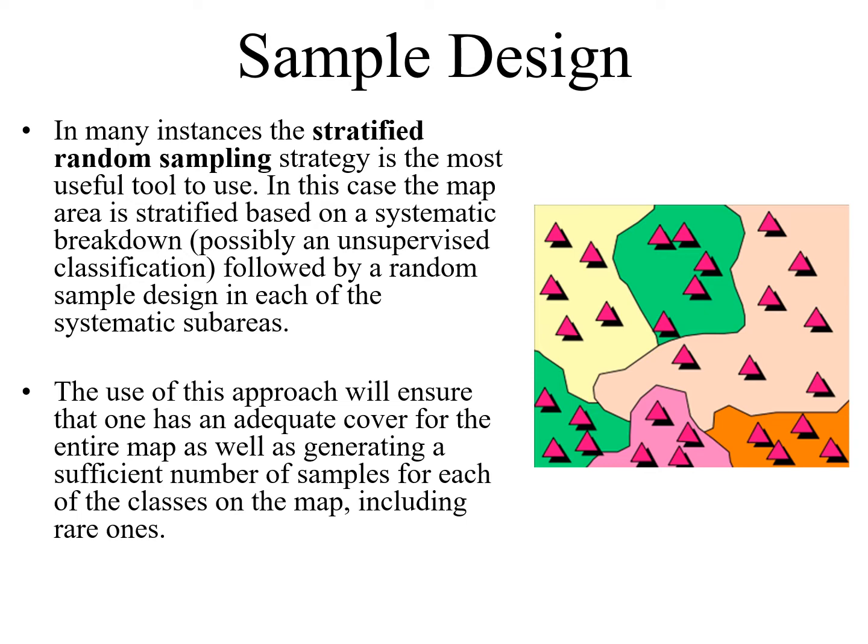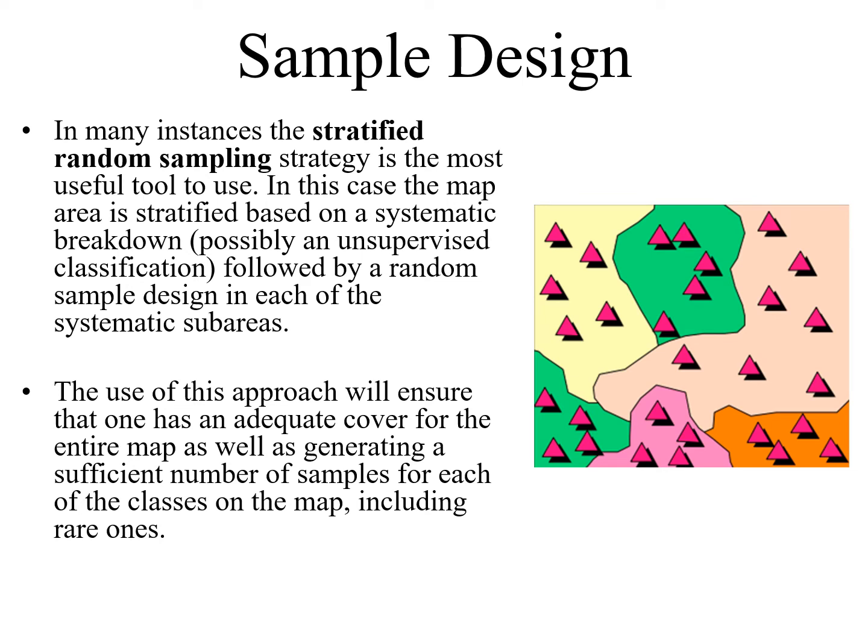In many instances, the stratified random sampling strategy is the most useful. This is the case where the map area can be stratified based on a systematic breakdown. That could be an agricultural map, a geological map, or an unsupervised classification where you say, well, we know what the spectral classes are, let's sample the spectral classes in some sort of random way so that we can tell what each one is.